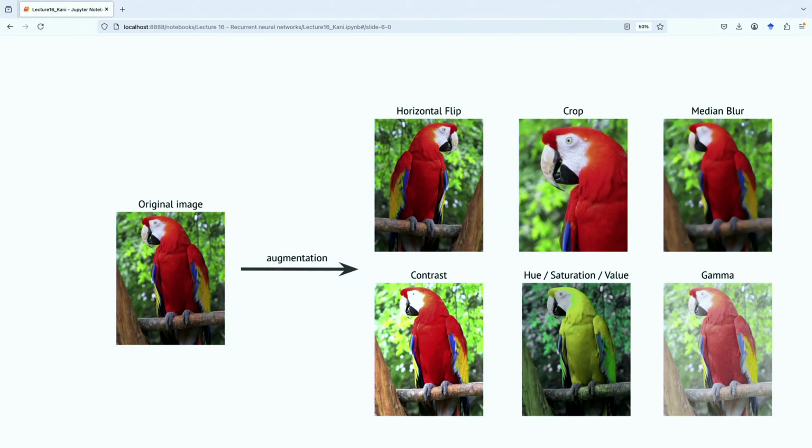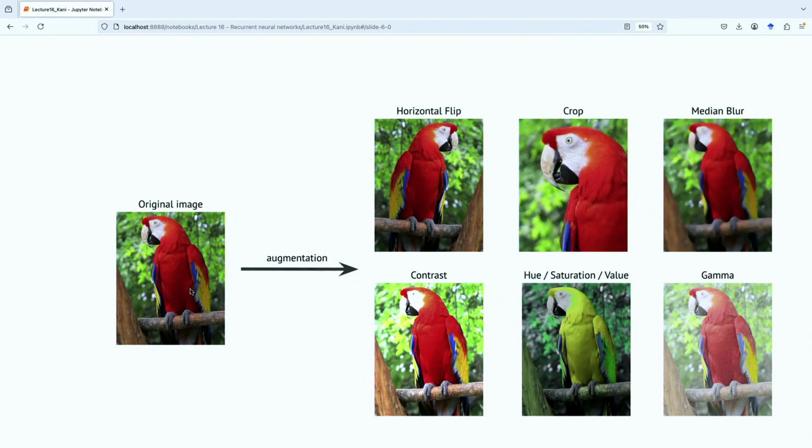Now, barring us actually going to the Amazon and taking a bunch of photos ourselves, there are things we can do to make new images from the old one that are similar but still different enough to the model, so that it won't only learn that parrots are perfectly framed inside this box and always sit on a branch.